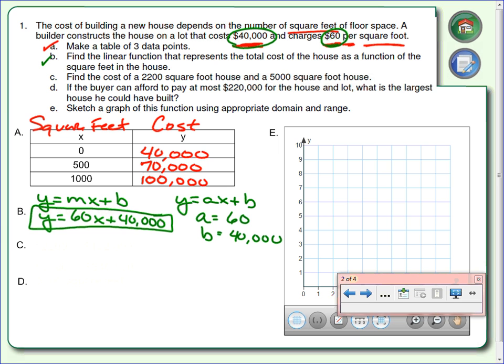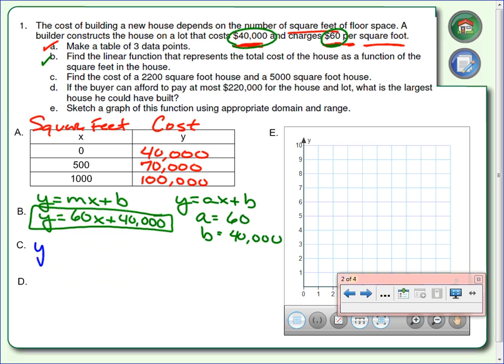Okay. All right. So now that we have the equation, that's going to make it a little easier to answer some of these other questions that we have. So let's go to part C here. Find the cost of a 2,200 square foot house. All right, so let's see. Remember, over here, the X's in our table represented the square feet. The Y values represented the cost.